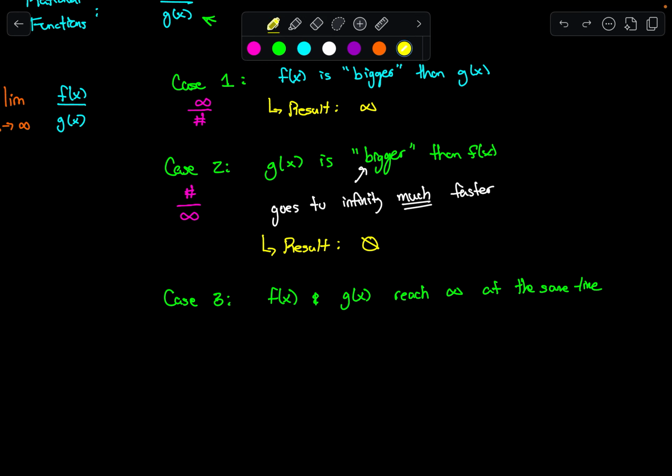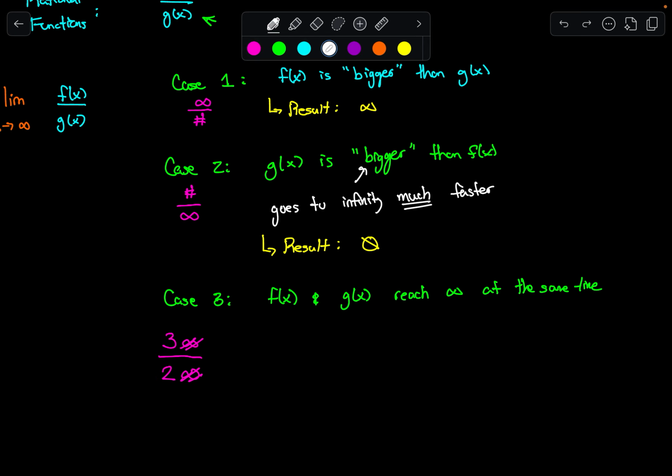So what happens to this ratio? Maybe I have 3 infinity on the top, and on the bottom I have 2 infinity. They reach infinity at the same time, and in some sense those infinities cancel, and you basically just look at these coefficients, and you get, in this case, 3/2.